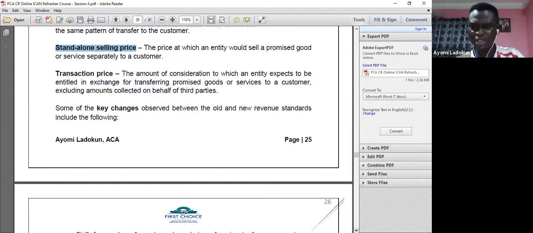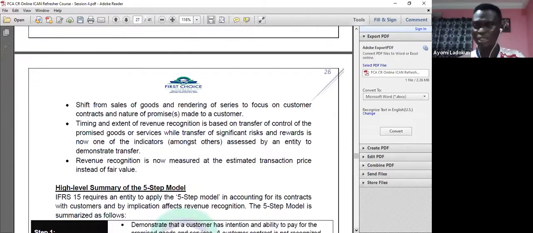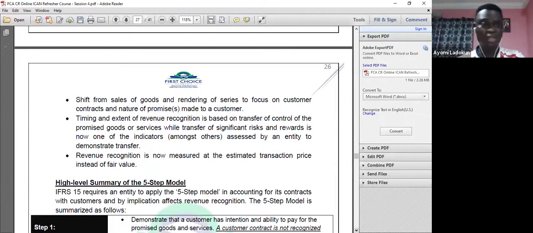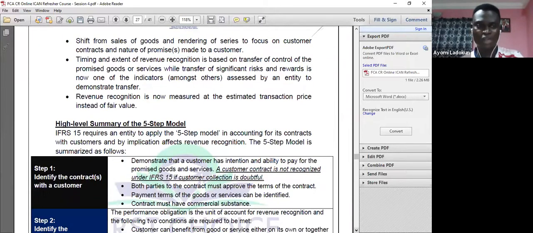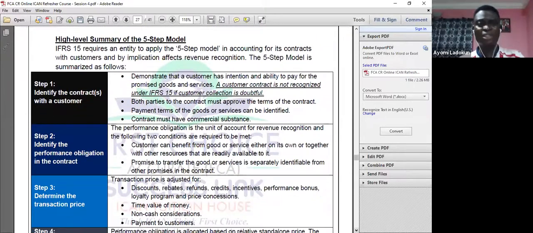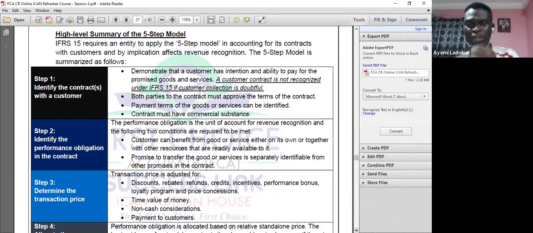Okay. Now, you now have some key changes to the standards, right? I've explained them. The shift from sale of goods, timing, and the extent of revenue recognition. Revenue recognition is now measured at estimated transaction price instead of fair value and all of that. So I've explained that. Now, let's now look at the 5-step model revenue recognition. Like I've said, I've tried to summarize it for you so that you can grab it and consume it, okay?